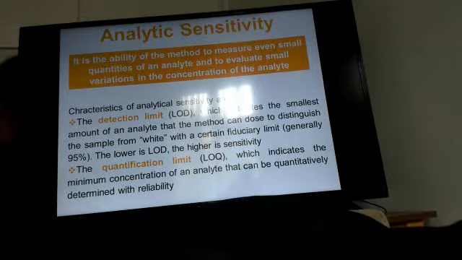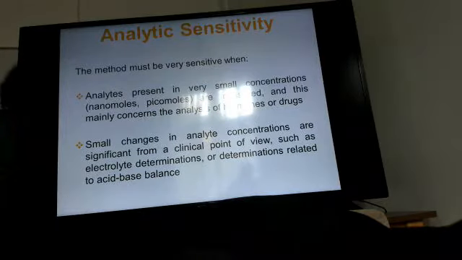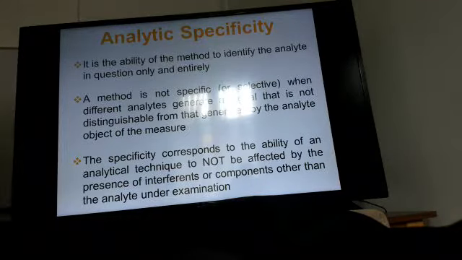And it's different from analytic specificity, which is the ability to identify just the analyte that you want to measure. Again, imagine the sea with a lot of fish inside. You can say, okay, I see 1,000 fish. This is information.